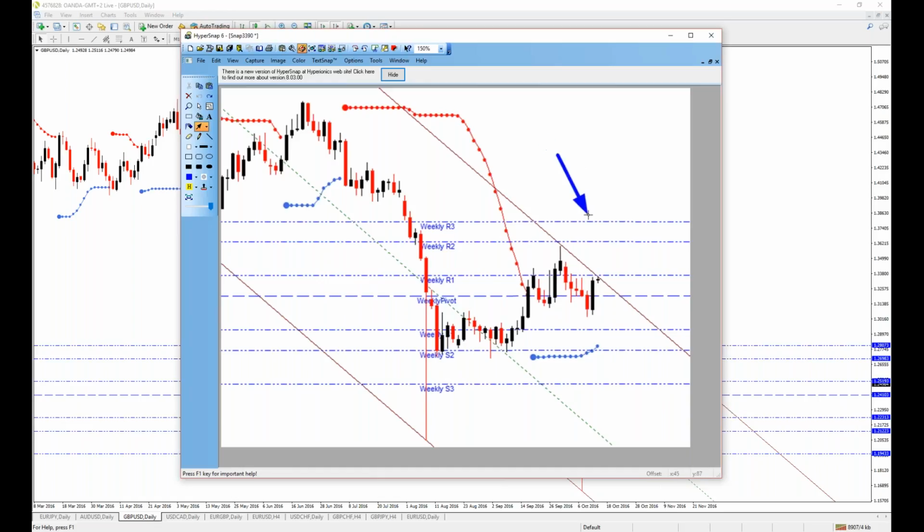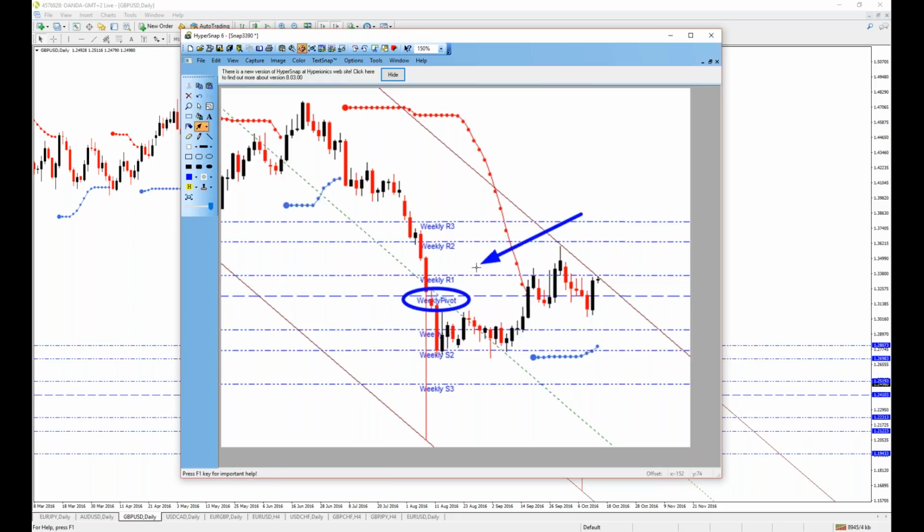You see these blue dash lines here, okay? These are weekly pivot points. A pivot point is a calculation from past time that gives us averages of where the currency might go to. And you always have a main pivot point, which on this one says weekly pivot point.